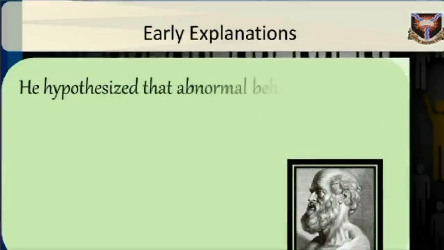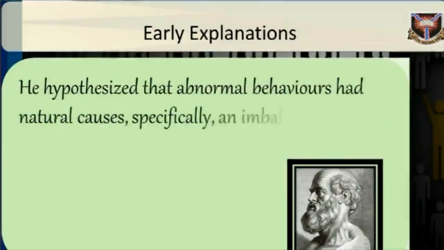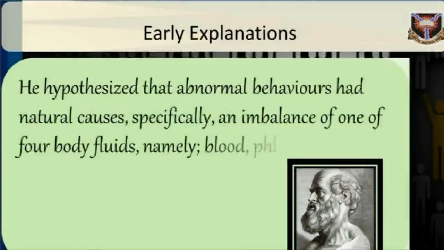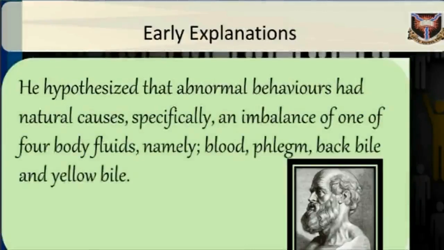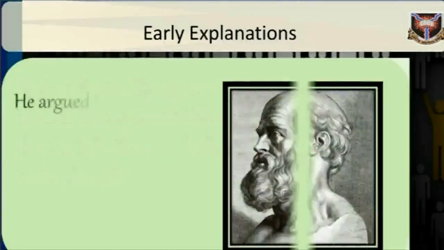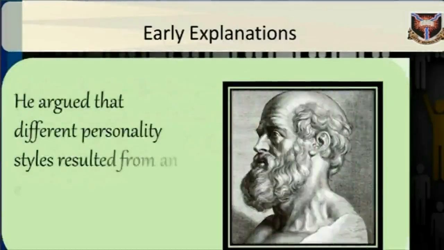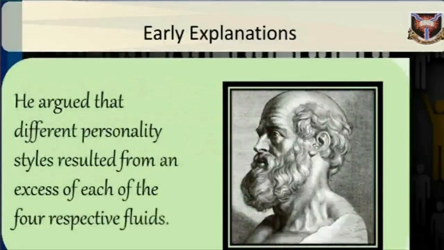He hypothesized that abnormal behavior had natural causes, specifically an imbalance of one of four body fluids, namely blood, phlegm, black bile, and yellow bile. He argued that different personality styles resulted from an excess of each of the four respective fluids.